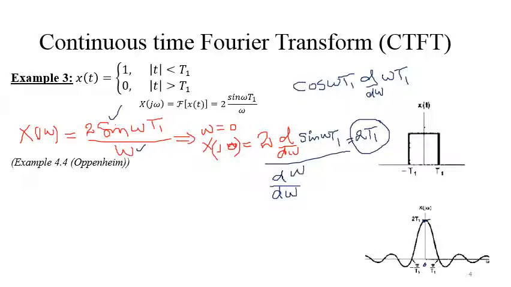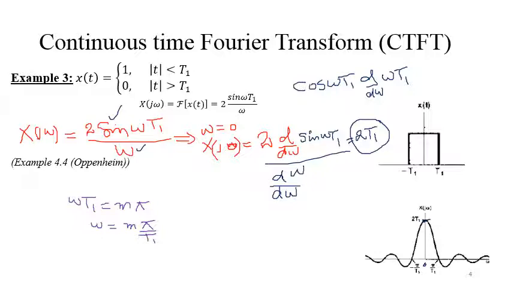So we say that the 0 crossing for sinc occurs when omega t1 equals m times pi, where m is an integer. So that means we have omega equals m pi over t1.